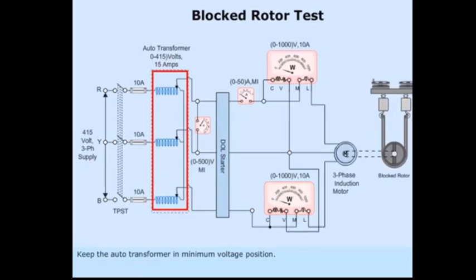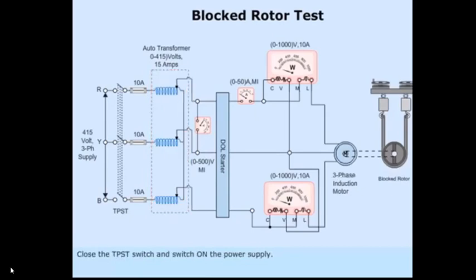So there should be no rotation in the rotor. We are arresting the rotor rotation by increasing the load value. Then keep the auto transformer value at the minimum.